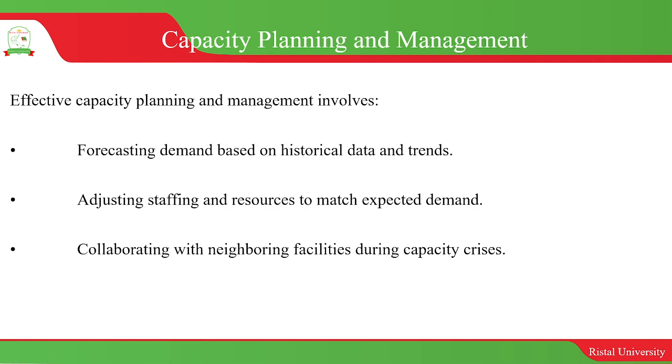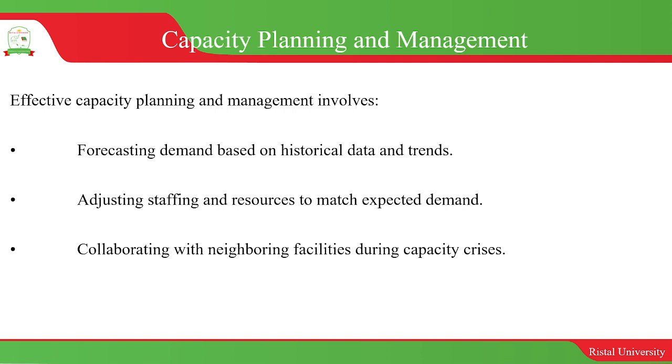Capacity planning and management. Effective capacity planning and management involves, one, forecasting the demand based on historical data and trends. Remember, we said at the start that one way of trying to understand this is to look at the previous records.